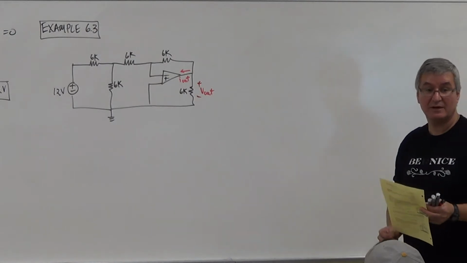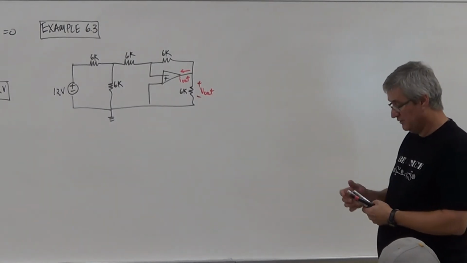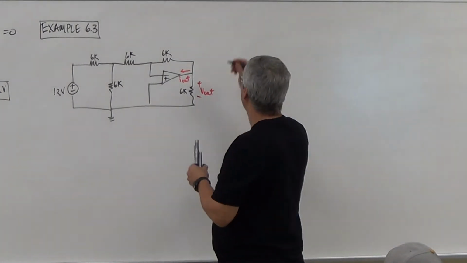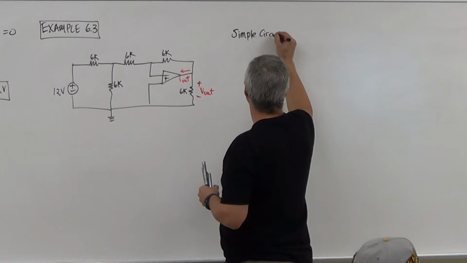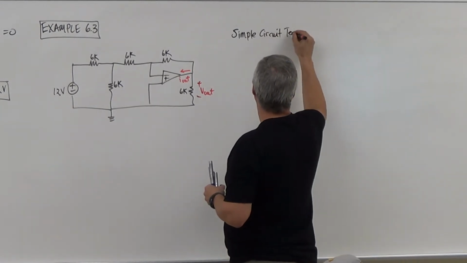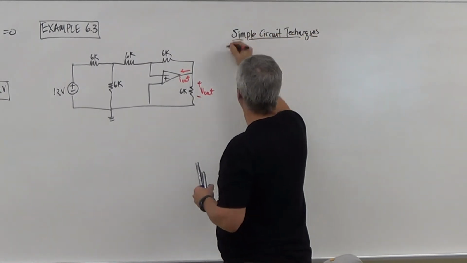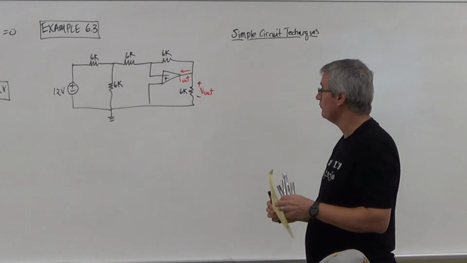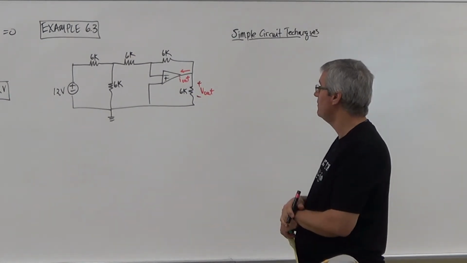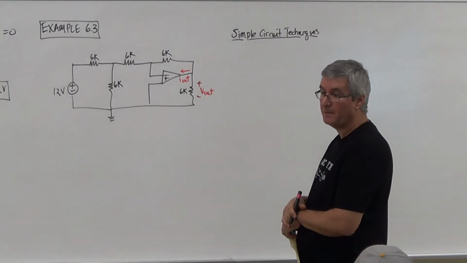Let's rock this one out real quick. Okay. So the first thing I'm going to do here, I'm going to use simple circuits today. So when I look at this thing here, there's a lot of ways of doing this thing.